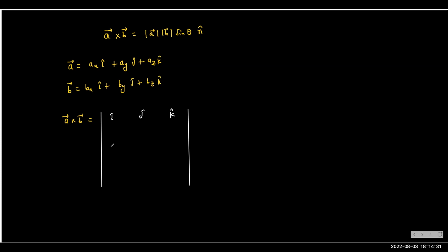Because it is A cross B, the elements of A will come first, and then come the elements of B. And then there is something called the expansion along a row or a column. So you can expand this entire determinant in this direction, with plus, minus, and plus signs. So A cross B you can get using the determinant.